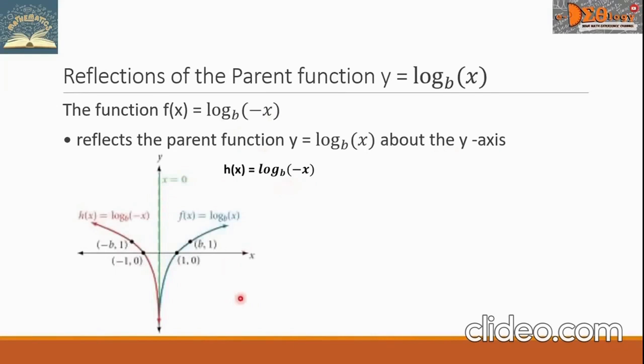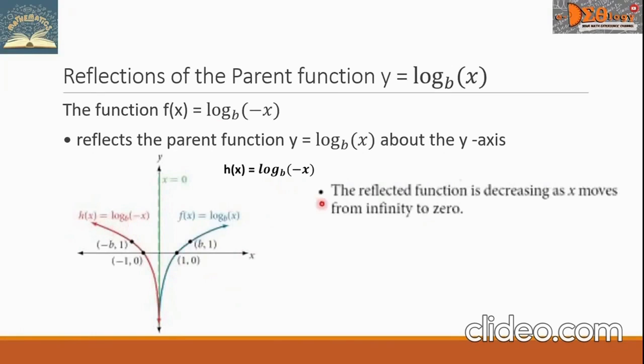Here is the illustration. This graph in blue is the graph of the parent function f of x, while this graph in red is the graph of the reflected function h of x equals log of negative x to base b.